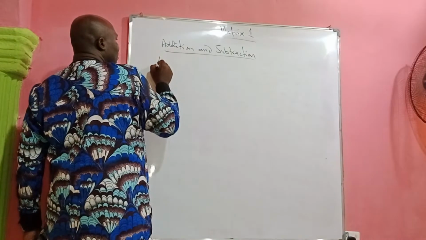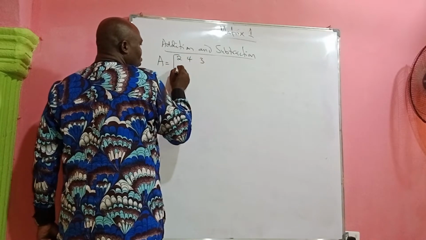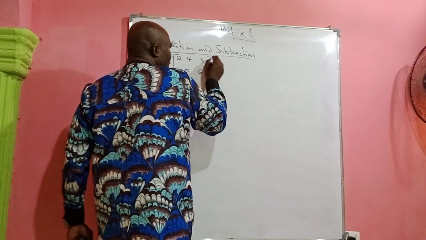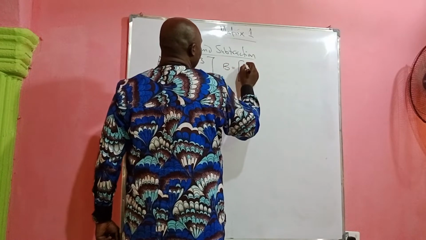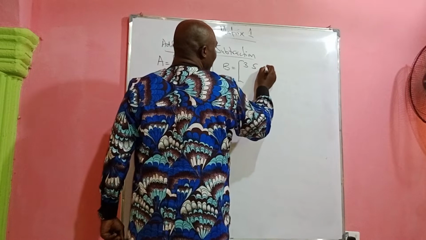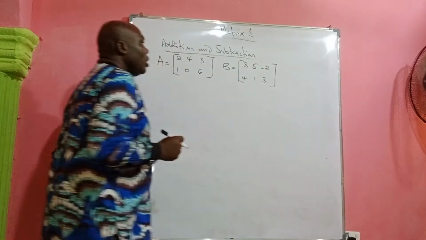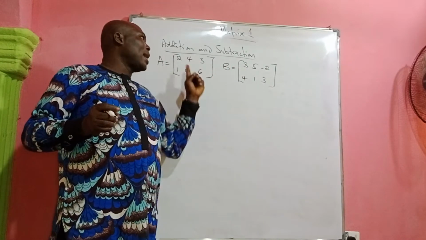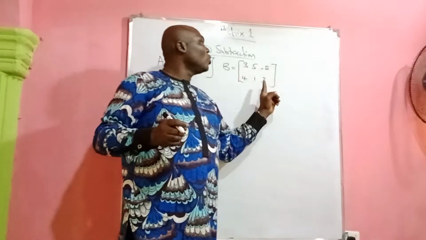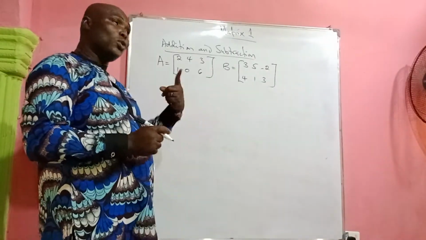Take, for instance, matrix A has the elements, and matrix B has the elements, since they are of the same order, because matrix A has 2 rows and 3 columns, B has 2 rows and 3 columns, then you can go ahead to add the 2 matrices or to subtract.